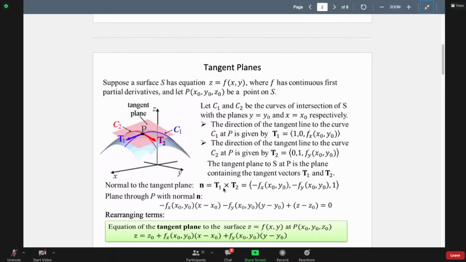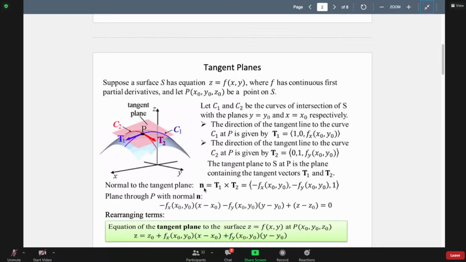So the normal vector is T1 cross T2. The computations are skipped here, but if you substitute, you use a 3 by 3 determinant, you can verify that the normal vector is minus fx, minus fy, and 1. So that's a vector in 3 dimensions, of course. First component, second component, and the last component is equal to 1.